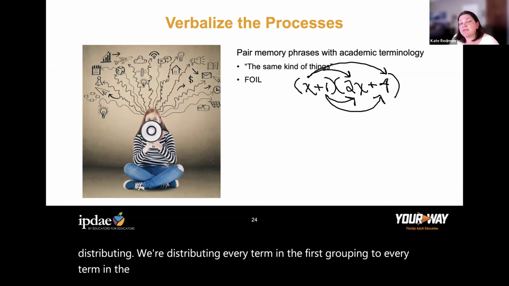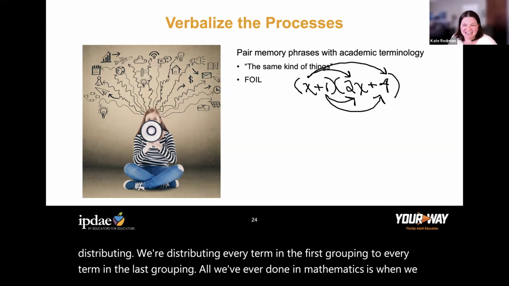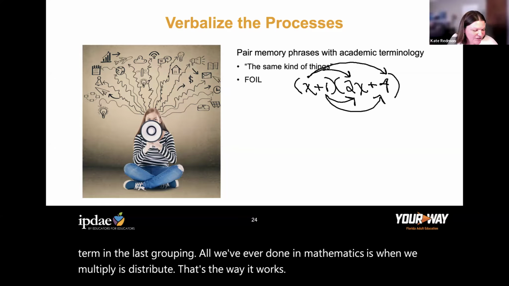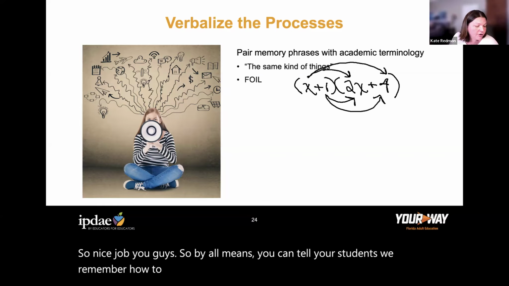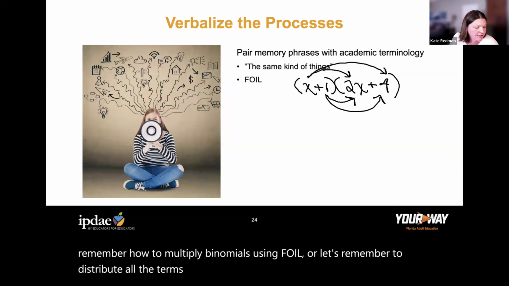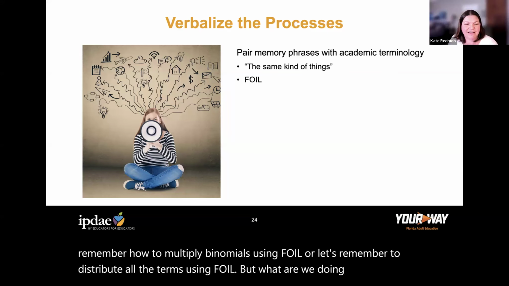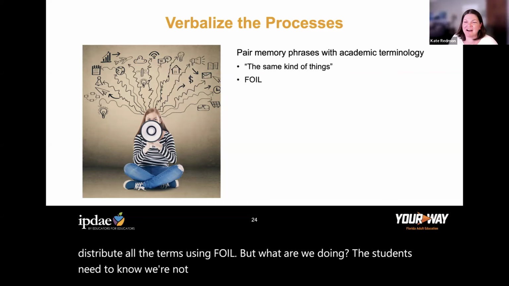All we've ever done in mathematics when we multiply is distribute. That's the way it works. So nice job, you guys. By all means, you can tell your students we remember how to multiply binomials using FOIL, or let's remember to distribute all the terms using FOIL. But the students need to know we're not foiling, we're multiplying. All right, beautiful.